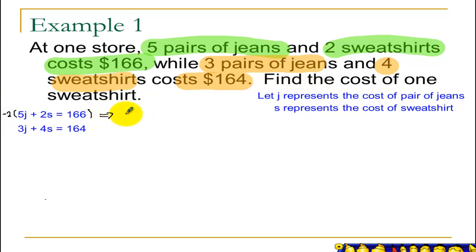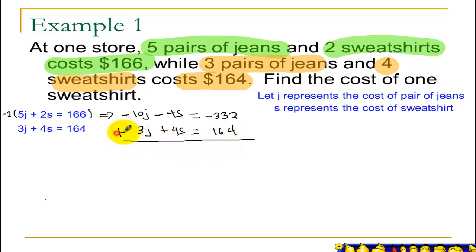We are going to get negative 10J minus 4S equal to negative 332. And I'll just copy my second equation: 3J plus 4S equals 164.